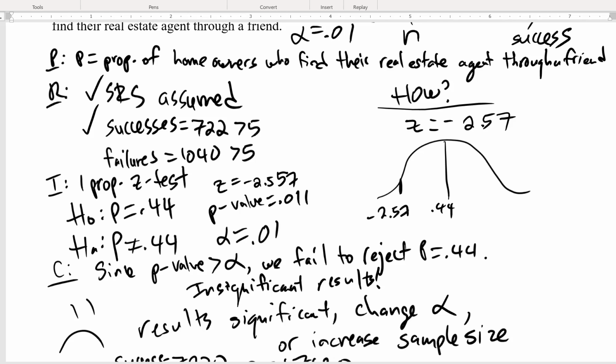When you get results that are lower, we generally would do a left tail. Okay? So we would do norm CDF. Our minimum would be negative a bunch of 9s up to negative 2.57.